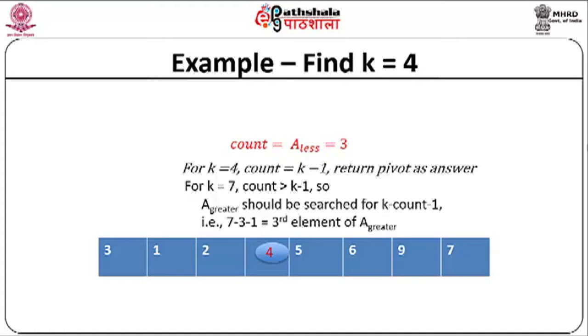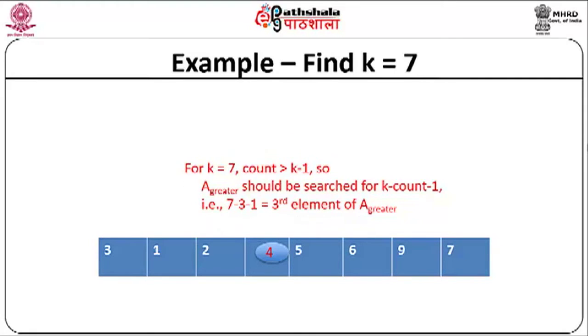A less are the elements that are lesser than the pivotal element, and the count of that list is going to be 3. So, you can check that k is equal to count plus 1. Therefore, the answer is going to be your pivotal element. So, this is the answer.